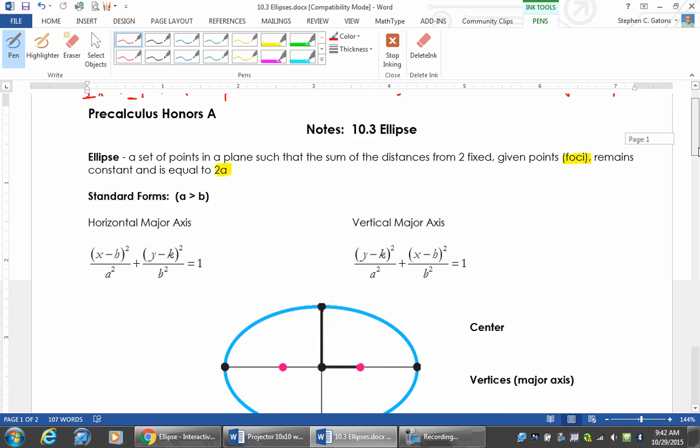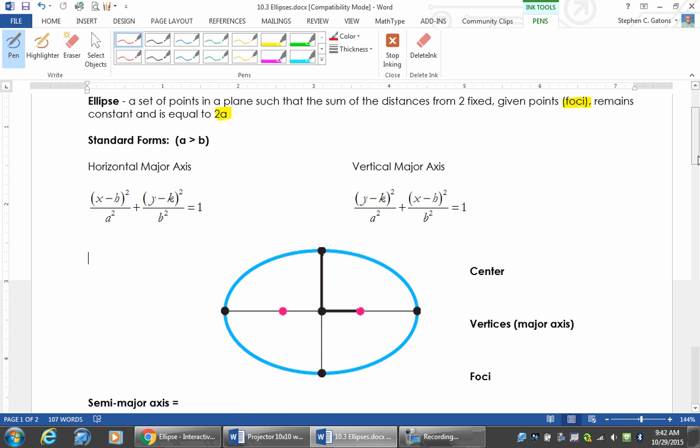Now here's how everything works, and here's how all these relationships are. Whichever denominator is bigger, that comes first, but notice that the values used in the numerators, x minus h and y minus k, don't change from version to version. Whatever is underneath the x value, that's the direction that you use that number.